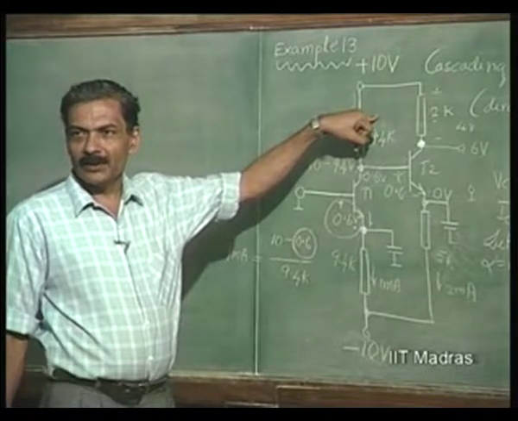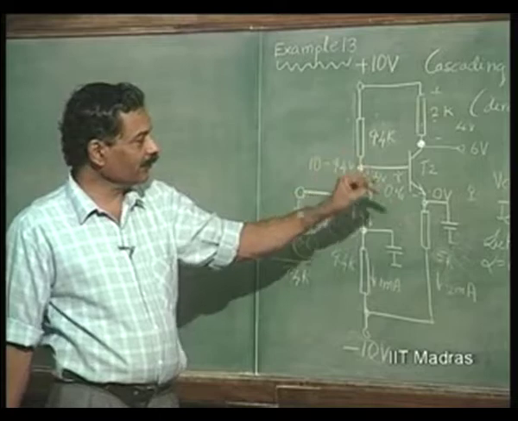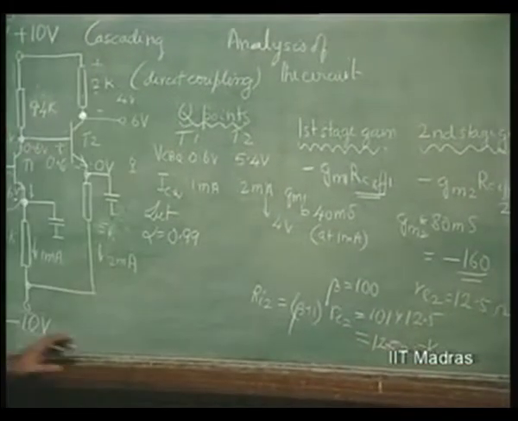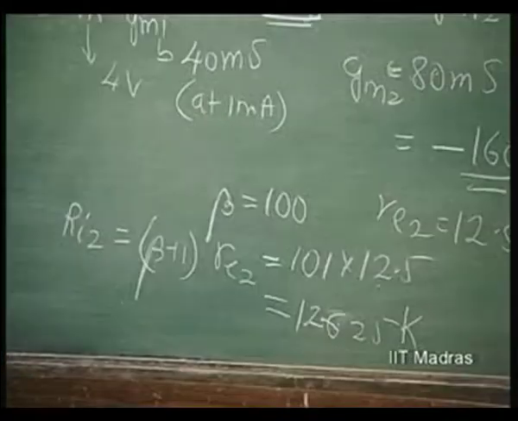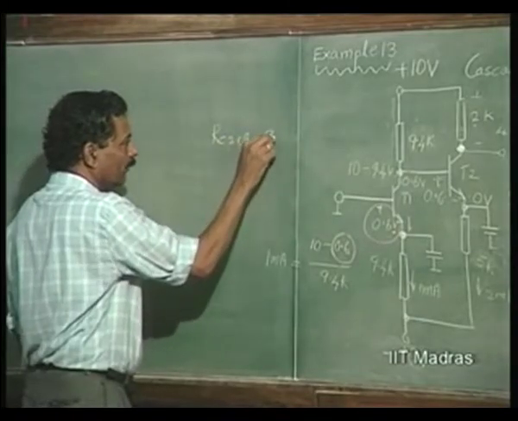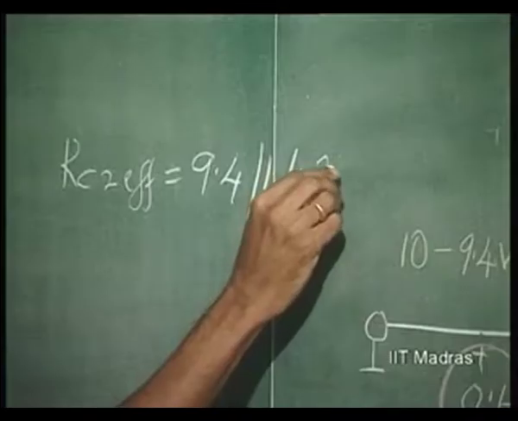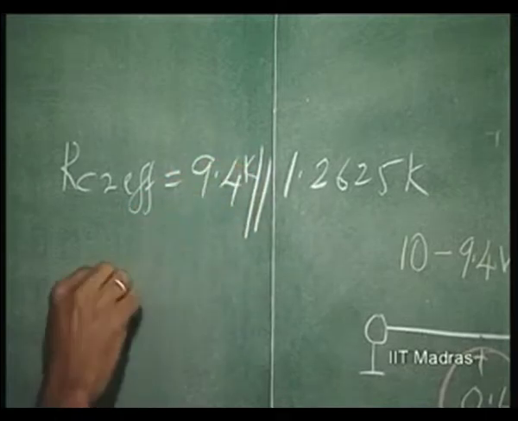is the collector load here, but the effective collector load is much less than that because of the input impedance of this stage. So, it is 1.2625 K shunted by 9.4 K. So, our RC effective 1 is 9.4 K parallel 1.2625 K. How much is this?